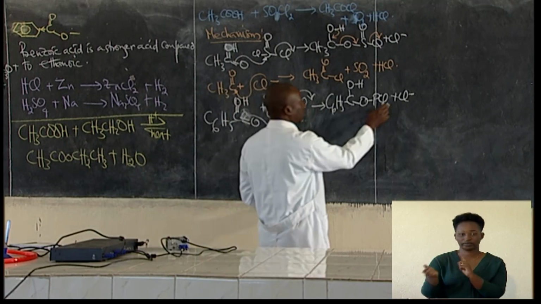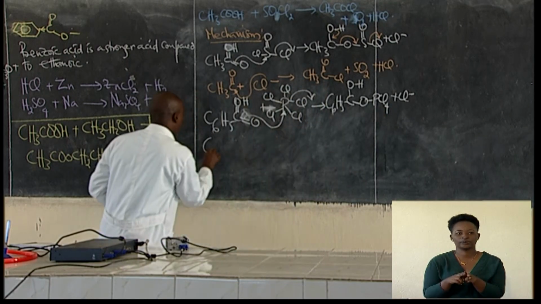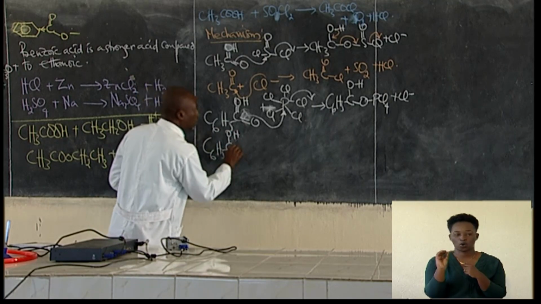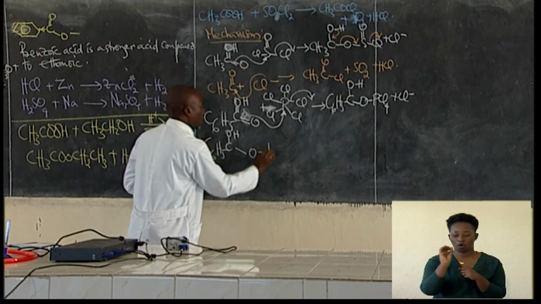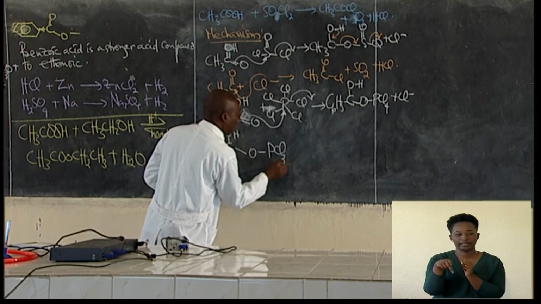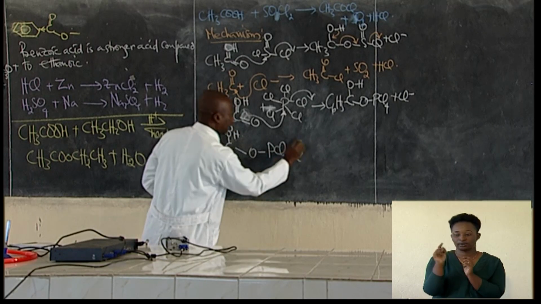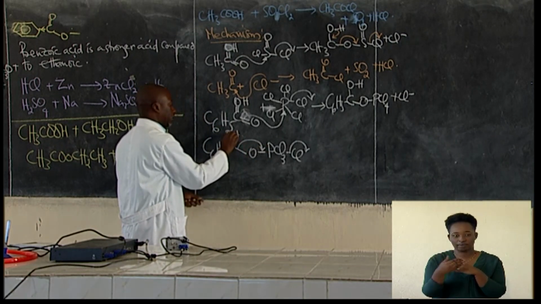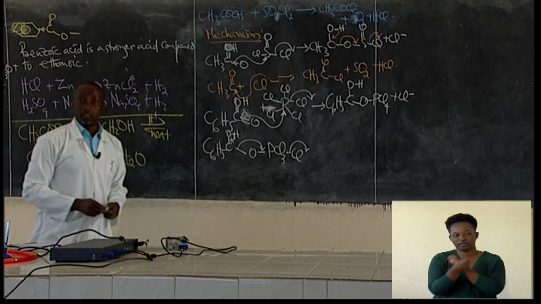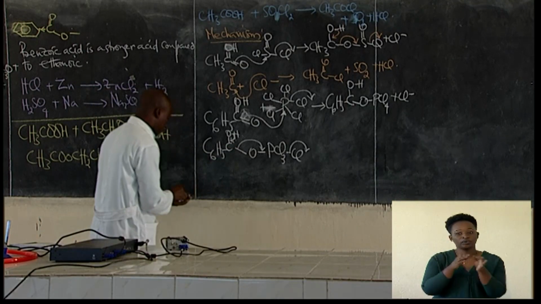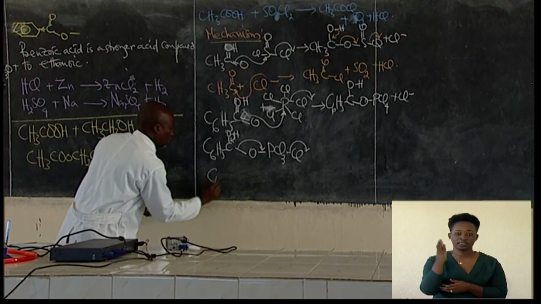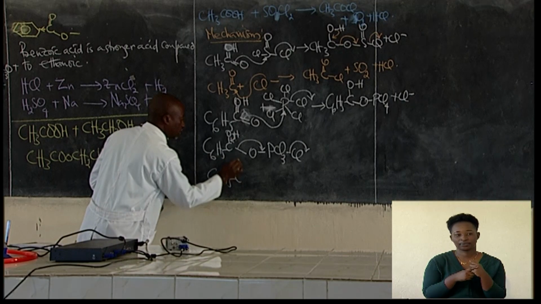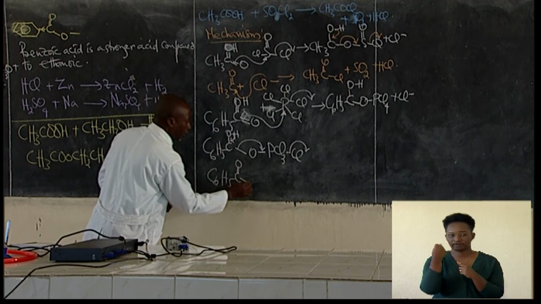So what happens? Here you'll have C6H5C, you have oxygen with PCl3, one chlorine minus. So this one is removed. Therefore, the bond rearrangement forms that. So meaning you will have this compound C6H5C, and this is the double bond because there has been rearrangement.